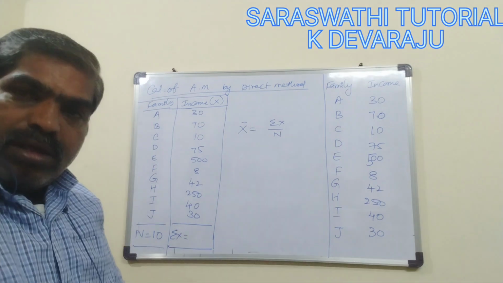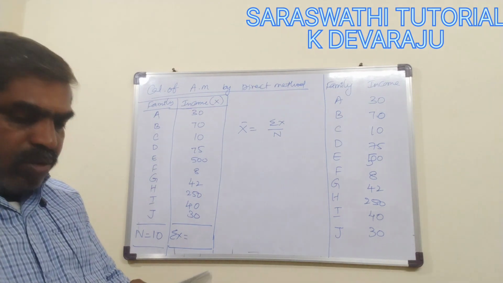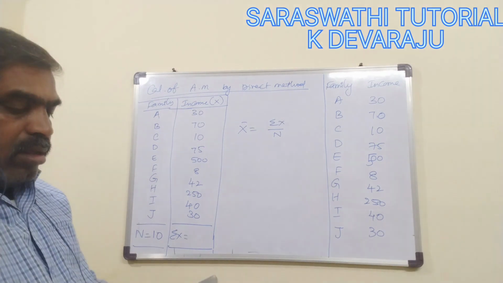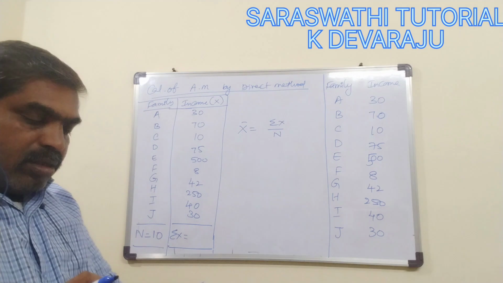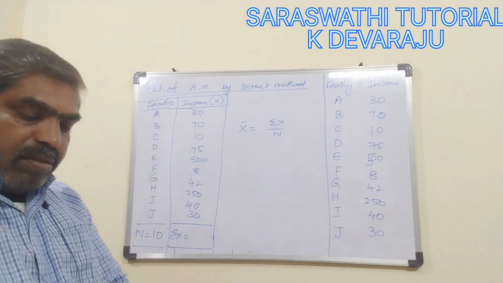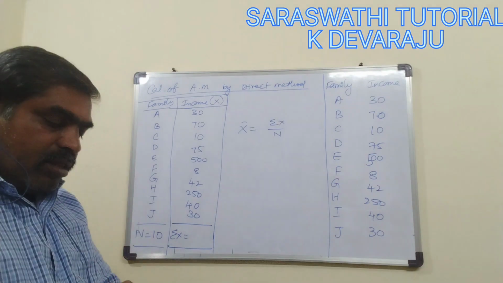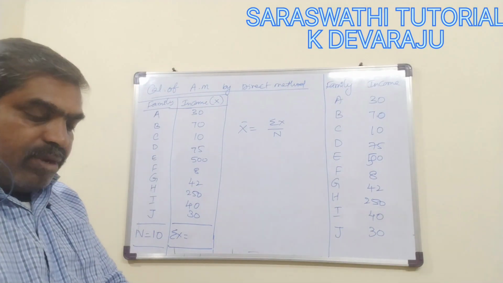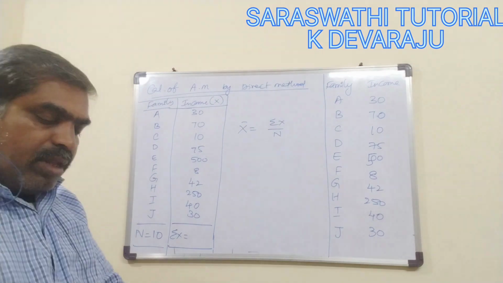So the total you have to calculate, right? In examination you can use the calculator, so I'm using the calculator. 30 plus 70, the next one is 10, and next is 75, and the next 500 plus 8 plus 42 plus 250 plus 40 plus 30.